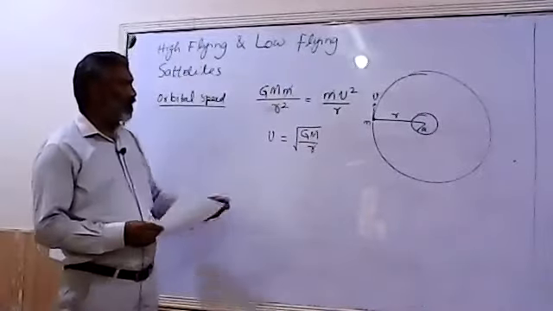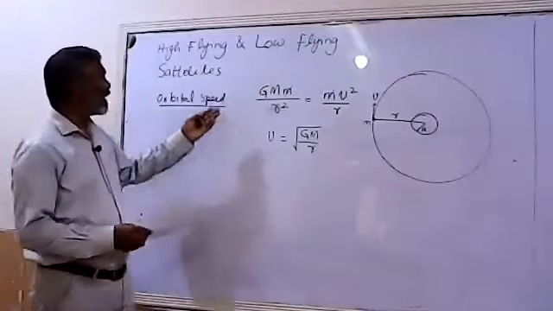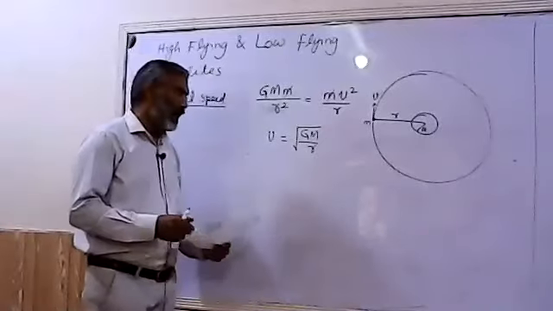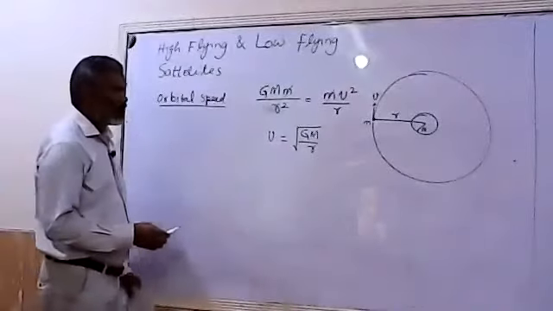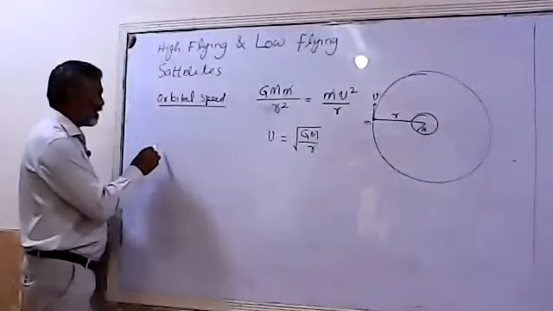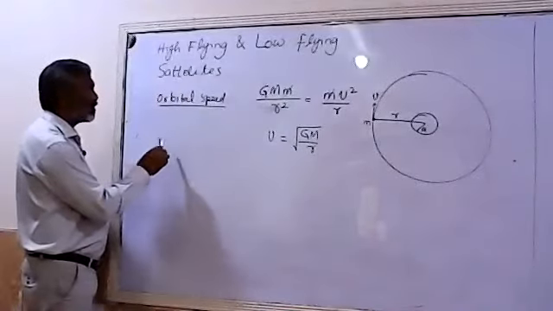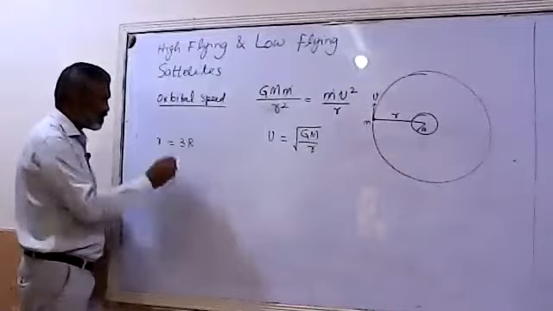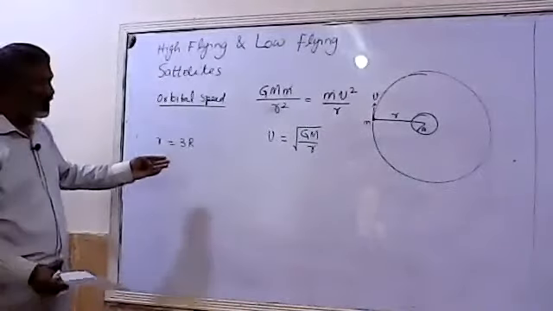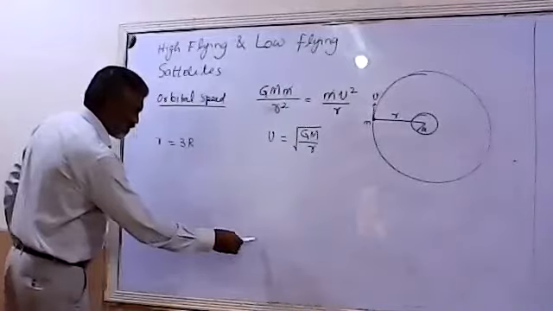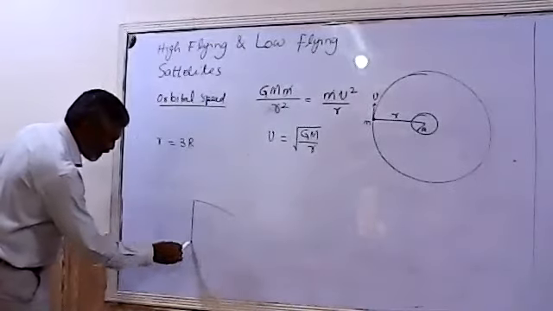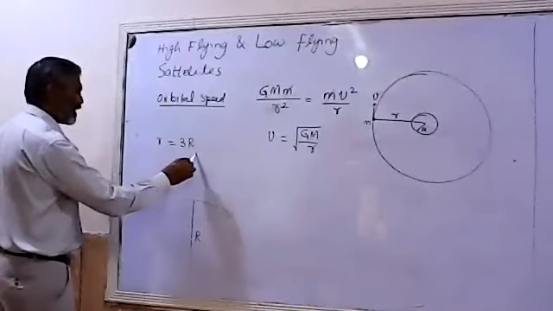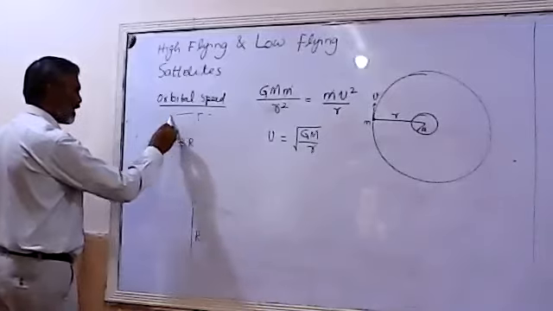Let's see what is the typical value of the orbital speed for a high flying satellite, and for that I'm assuming that we have a very far off satellite for which small r is equal to 3 times the radius of the Earth, which means if you are at the surface with this radius of the Earth, it is 3 times the radius of the Earth that the satellite is moving.